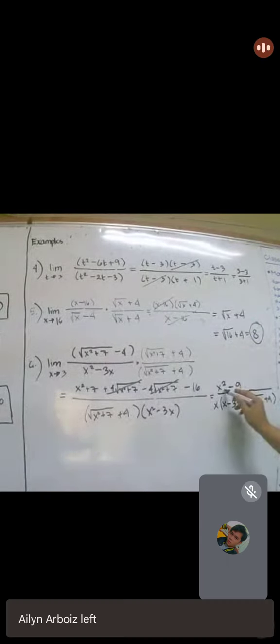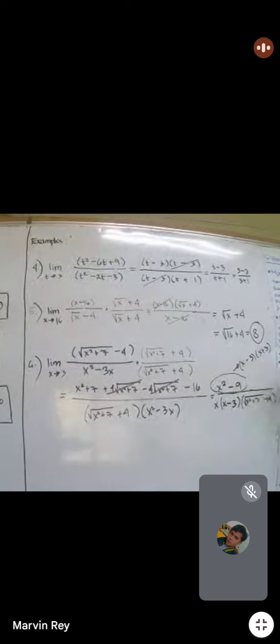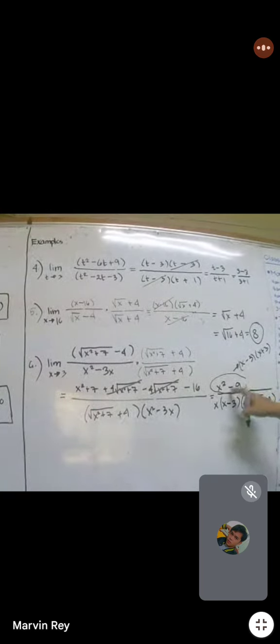Now, x squared minus 9 can also be factored to x minus 3 and x plus 3. Right? Checking: x times x is x squared, x times 3 is 3x, negative 3x times x, negative 3x, negative 3 times positive 3, negative 9. So the middle terms cancel, and x squared minus 9 remains. So this is the possible factor.